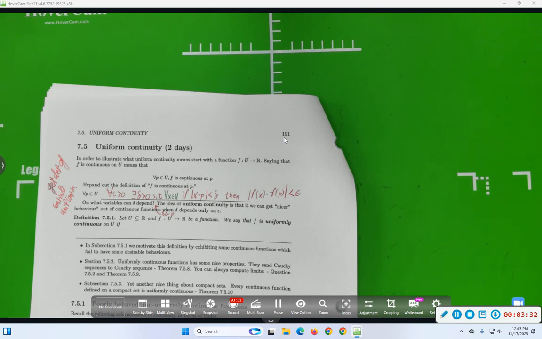For all epsilon greater than 0, there exists delta greater than 0 such that for all p and x in U, if the absolute value of x minus p is less than delta, then the absolute value of f of x minus f of p is less than epsilon.